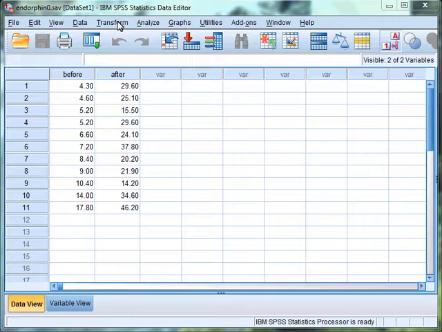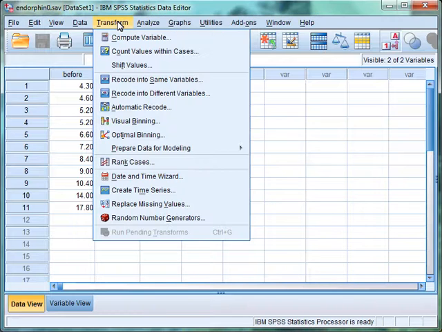The assumption of equal variances does not apply to dependent samples t-tests. Finally, we need to check that the difference between the before and after scores is normally distributed. To do this, we have to create a variable using the compute function. So, we go to Transform and select Compute.